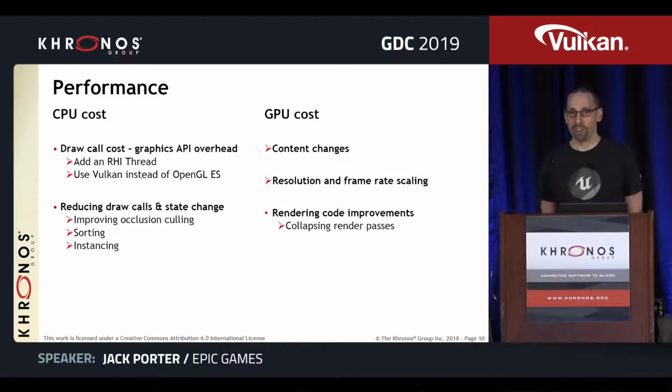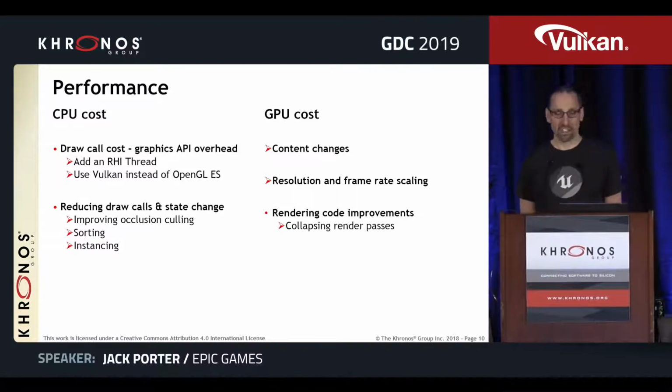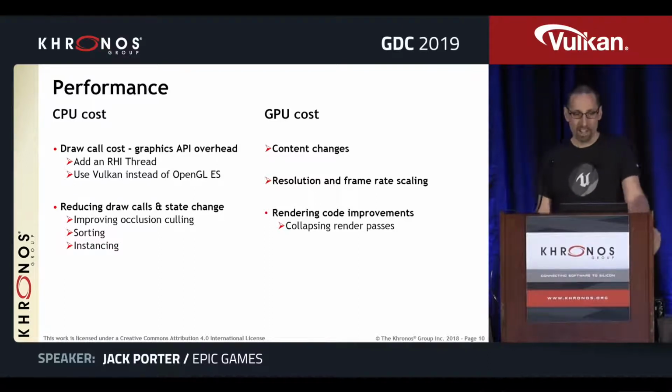We can use an improved graphics API like Vulkan, and using or adding an RHI thread, which issues API calls, has been the other main area we've reduced the overhead of the API. We can also reduce the draw calls and the state change with improved occlusion culling, better sorting to reduce the state changes, and also instancing is something we looked at during development.